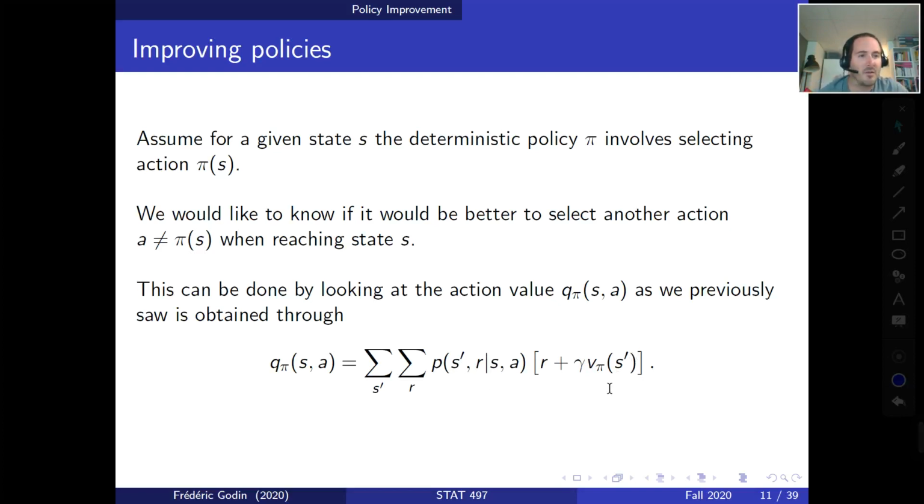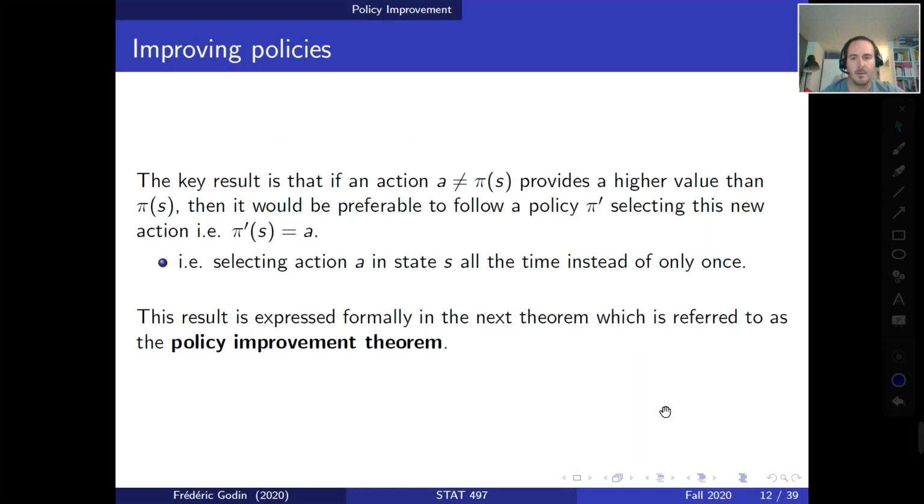Why the state value function here? It's because the assumption is that starting from the successor state, we're going to follow policy pi. So we can value the rest of the rewards as the value following policy pi.